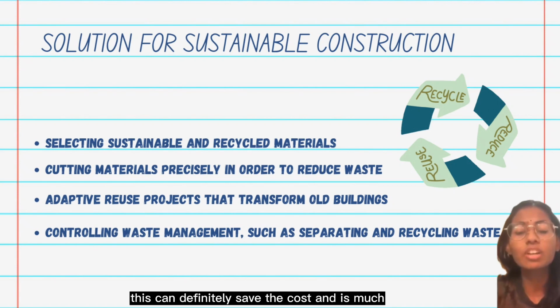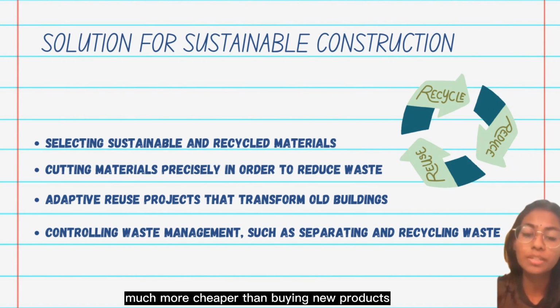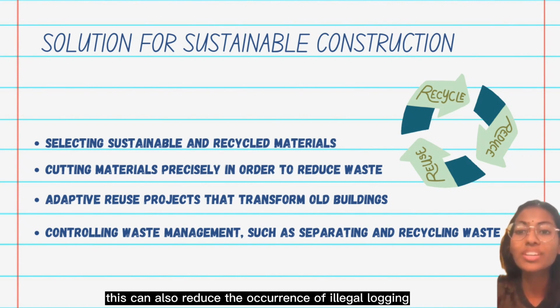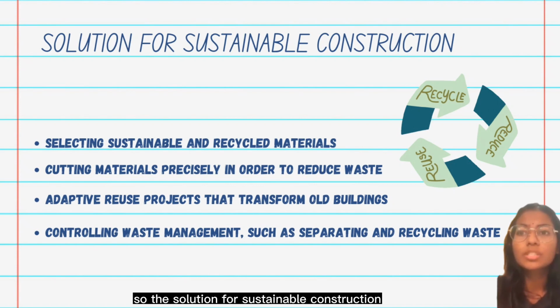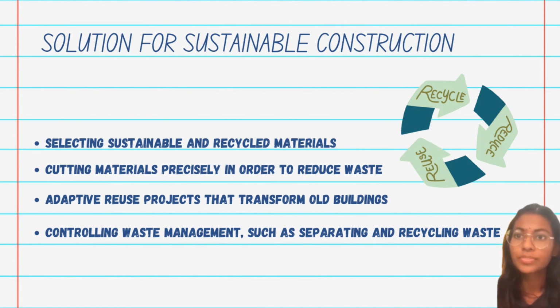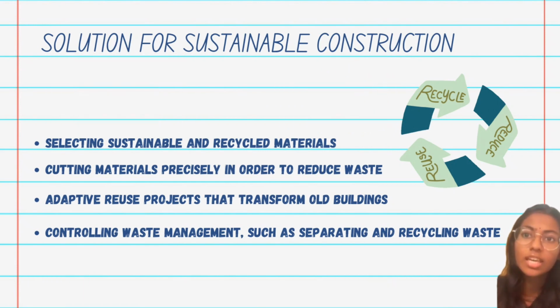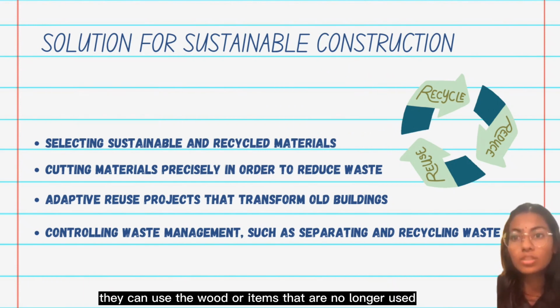This can definitely save cost and is much cheaper than buying new products for our building. In fact, this can also reduce the occurrence of illegal logging. Furthermore, another solution for sustainable construction is controlling waste management, such as separating and recycling waste. If there is more construction activity, they can use the wood or items that are no longer used.